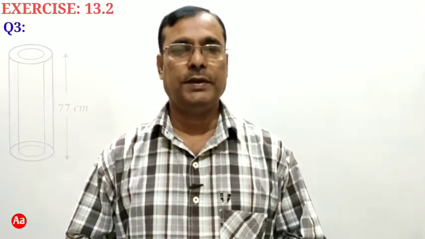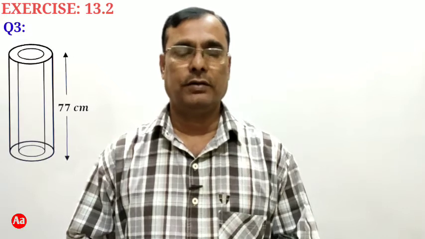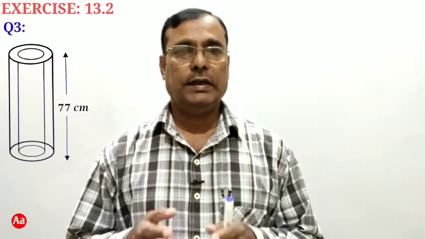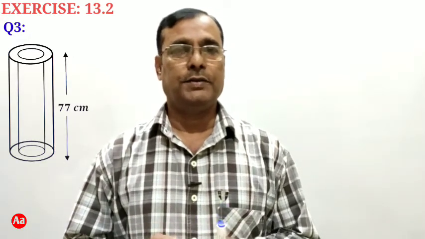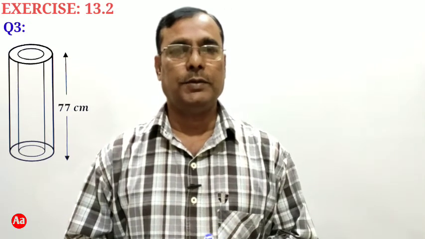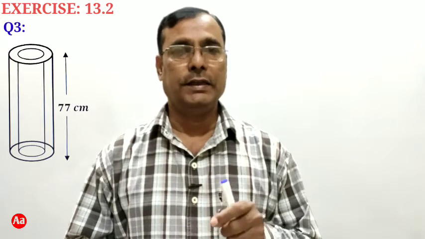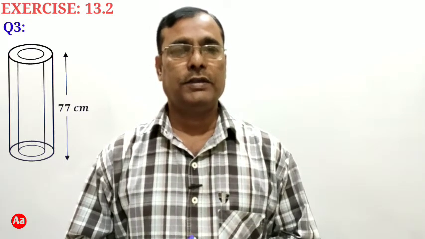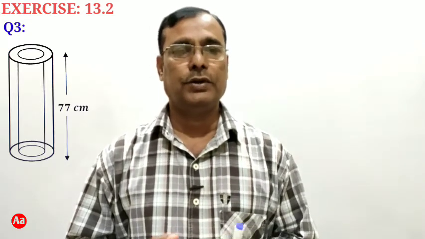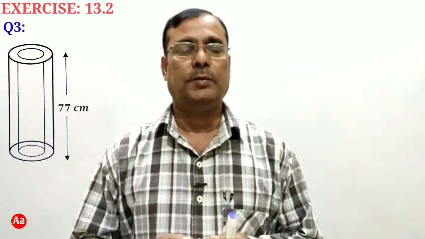Now let's see question number 3. A metal pipe is 77 centimeter long. The inner diameter of the pipe is 4 centimeter and outer diameter is 4.4 centimeter. Find its inner surface area, outer surface area and the total surface area of the pipe.